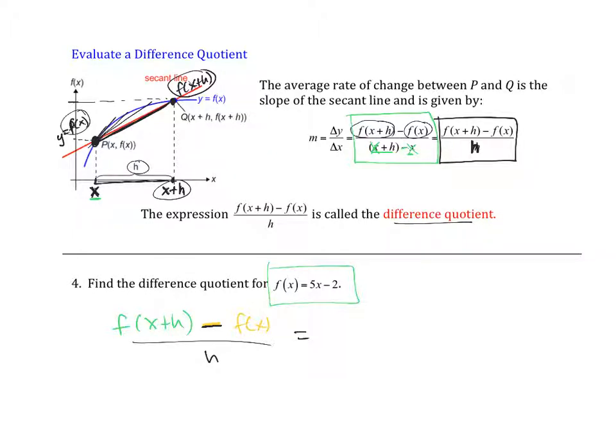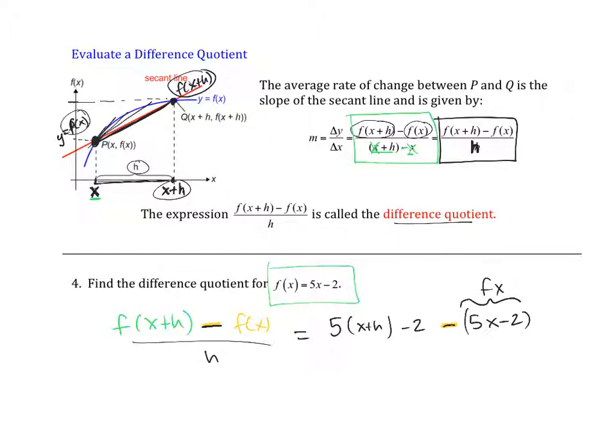Okay, so here we go. f of x plus h. I'm just going to copy my function 5x minus 2, but instead of x I put in x plus h. Now I have to be really careful to make sure that I'm subtracting f of x. So subtract 5x minus 2, that is f of x right in here.